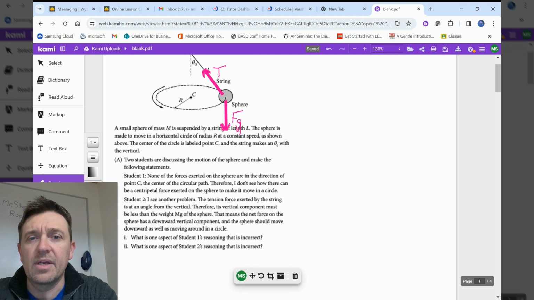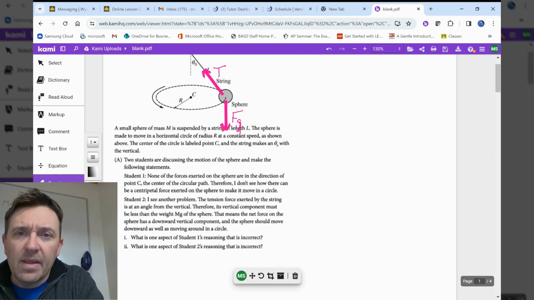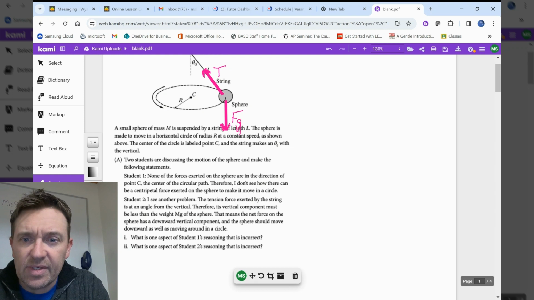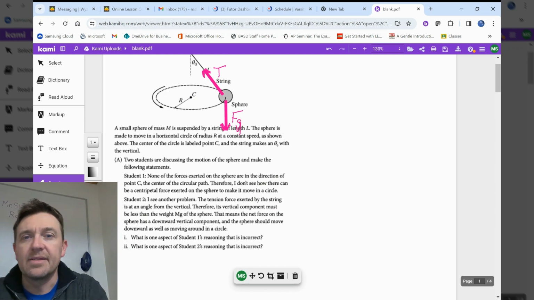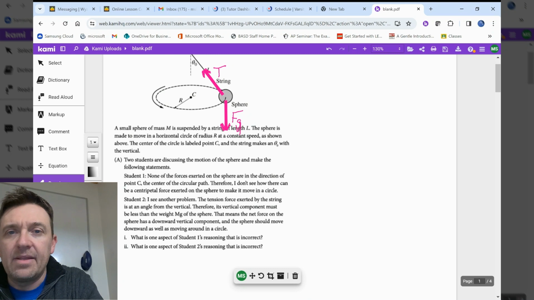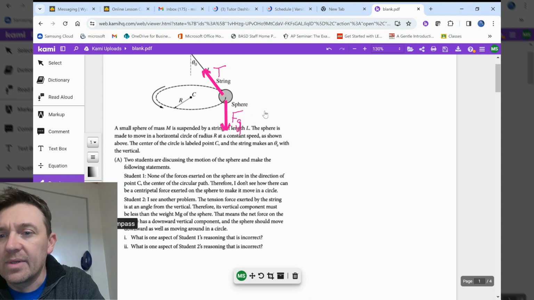All objects that are turning are accelerating towards the center of some circle. So what force then acts in that direction? There's got to be something, despite what Student 1 says. And indeed there is, especially if we break this tension that's at an angle into its components.